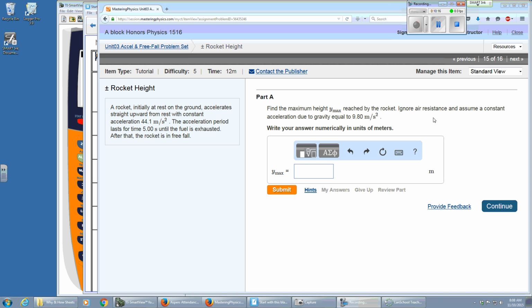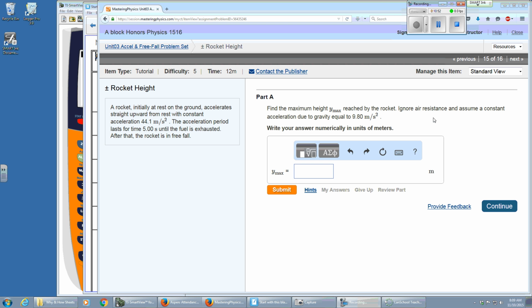Now, this one is one that you could do a force diagram for on top of your written Y. I'm actually just going to do a couple of little pictures to remind myself that at the beginning point, it's accelerating upwards, and then after the fuel's exhausted, which way is it accelerating?